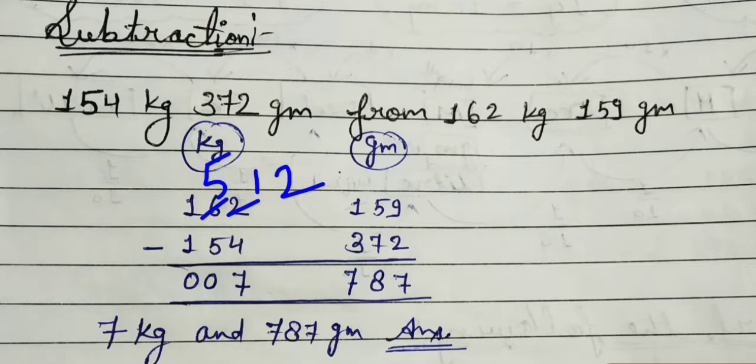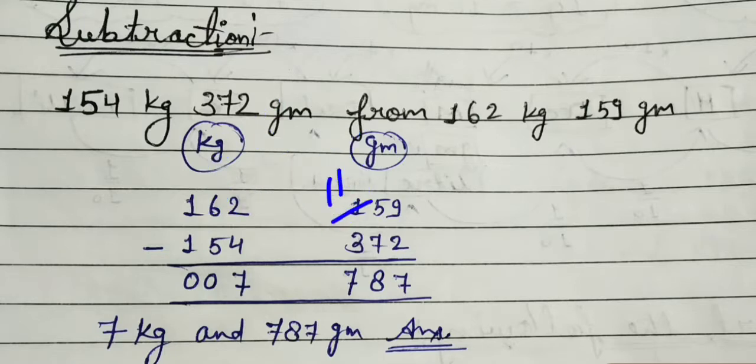Now this 2 is capable of giving its borrow. So this 1 changes into 11, because this 12 is giving 1 borrow, so we will change this 12 into 11. Is that clear?